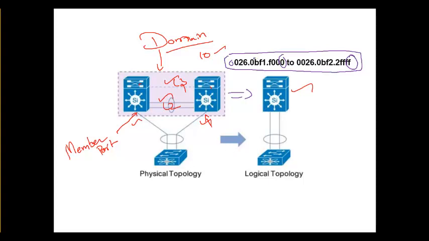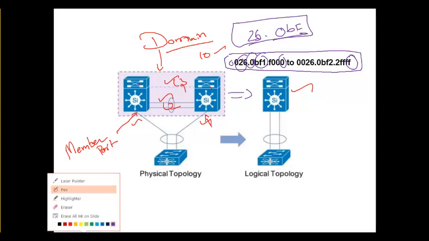If you see a MAC address like 0260.0bf1 or f2, especially 0bf, then it is vPC. Only Cisco devices will have this MAC address.